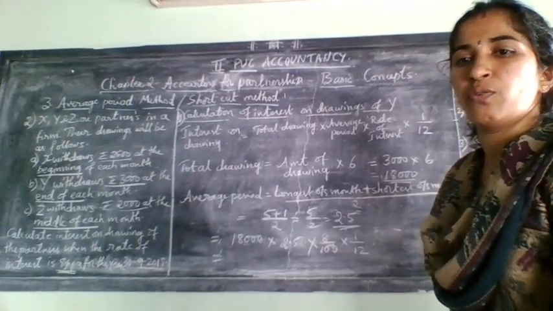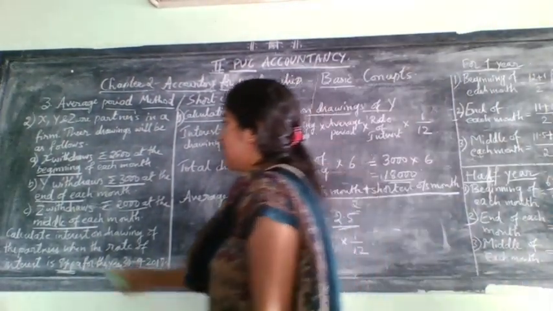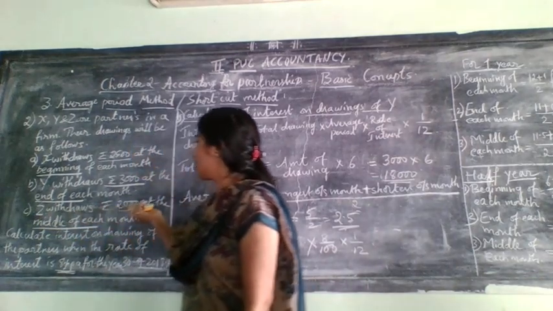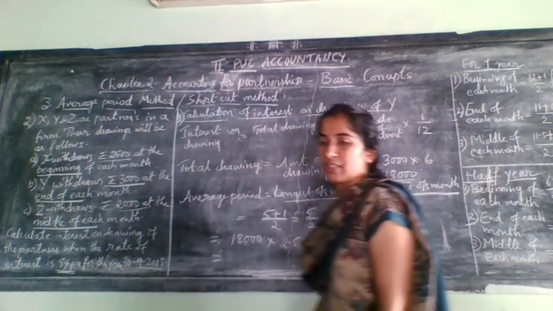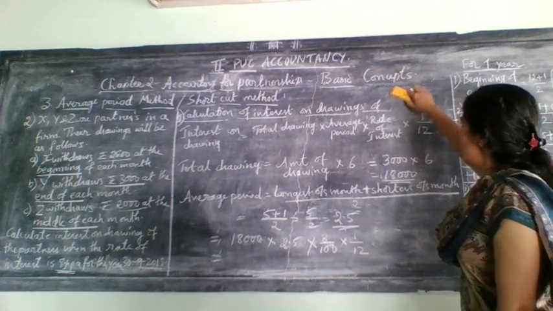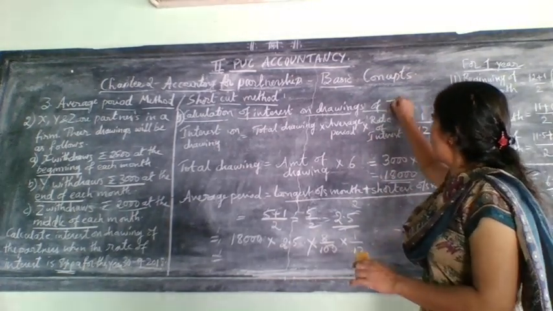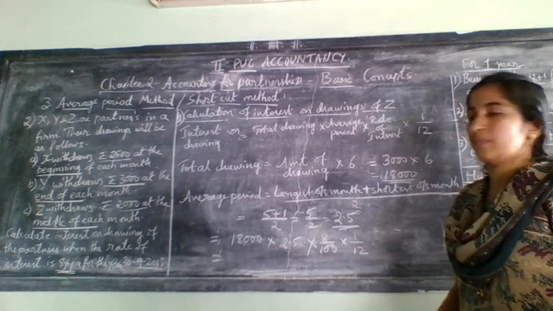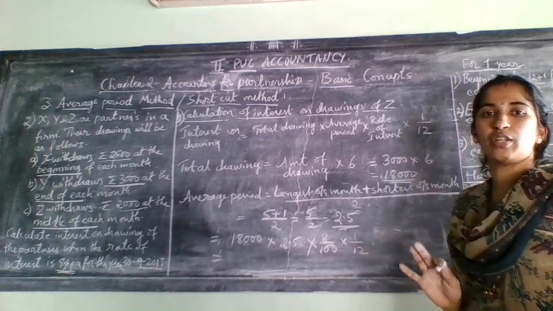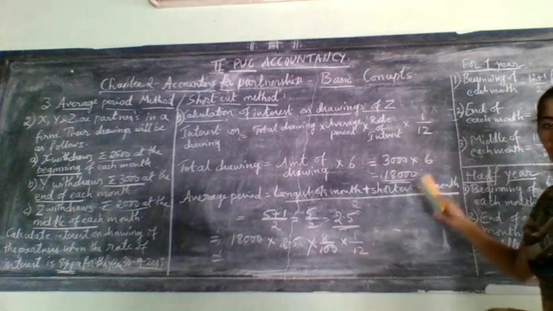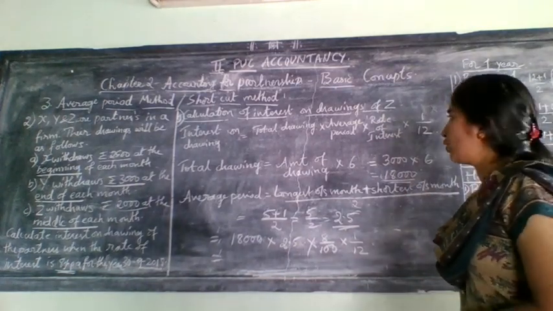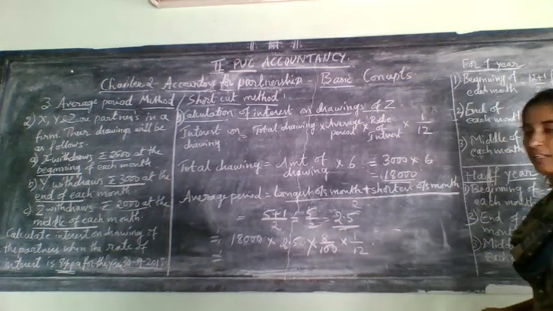Next one, what will they ask? Z withdraws 2,000 at the middle of each month. Now the partner name has changed to Z. All this you need to note down in your notebook. I am not doing it completely, I was doing half. The rest you need to complete and write in your notebook.